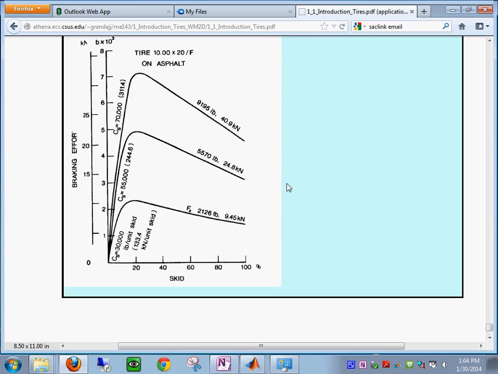This is a chart of the braking effort, how much skid, and the weight. So it's got three things. Obviously the skid occurs, 100% skid is here on the right hand side, and you have the braking effort on the left hand side.